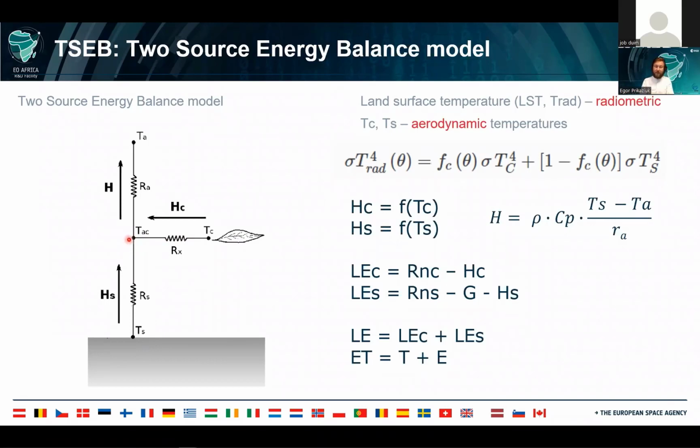They both overcome aerodynamic resistance, and they heat the air that is above the canopy. These changes in temperature approximated by the two source energy balance model can be used to calculate latent heat flux as a residual of energy balance.